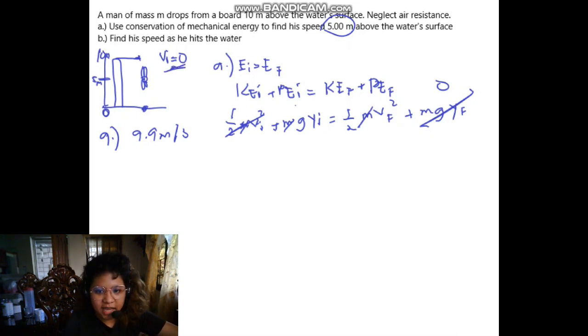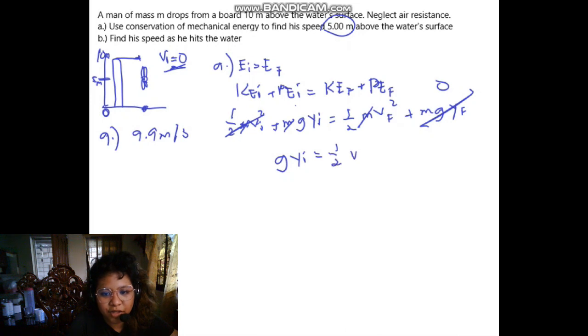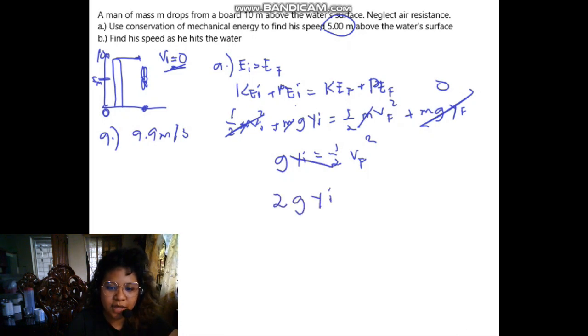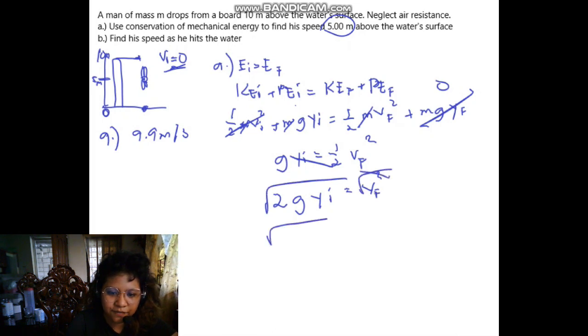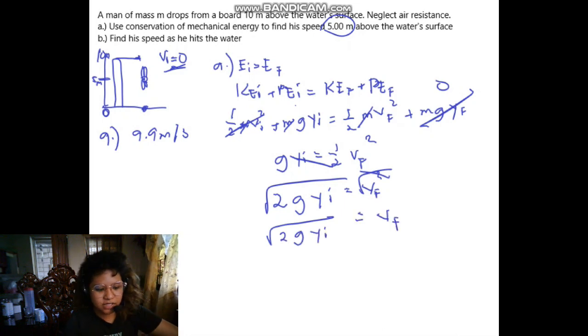What remains in our formula is gravity times initial position is equal to 1/2 final velocity squared. Let's cross multiply: 2 times gravity times initial position is equal to final velocity squared. Then square root both sides, and we get the square root of 2 gravity times initial position is equal to final velocity.